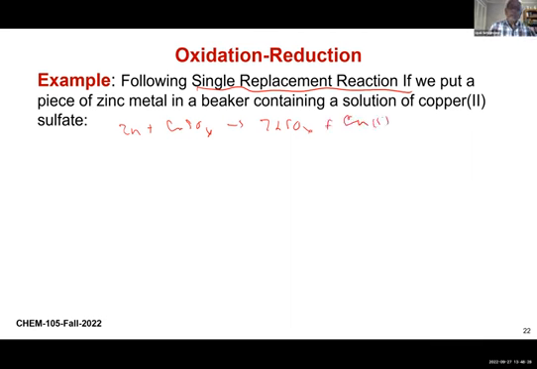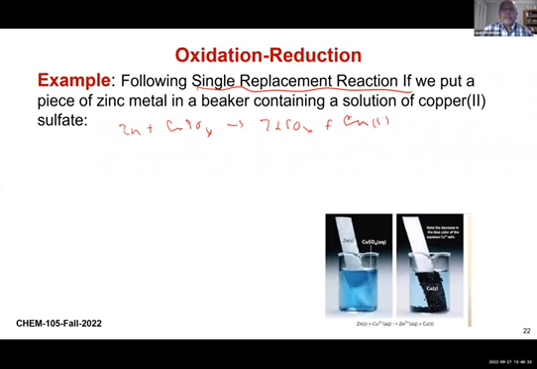So this is a single replacement reaction. This is how we do it. This is zinc. We put it in a copper sulfate solution. This solution is copper sulfate. We wrote here, when the reaction takes place, this is zinc.